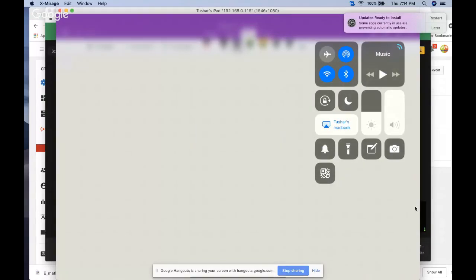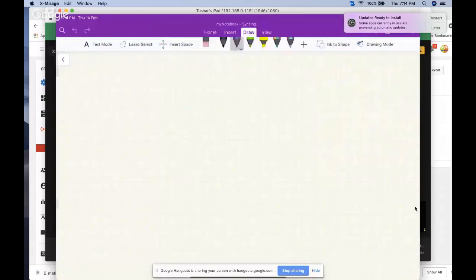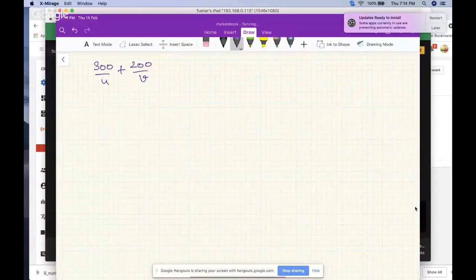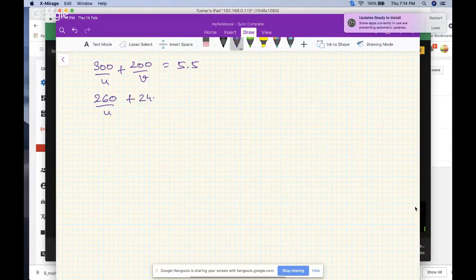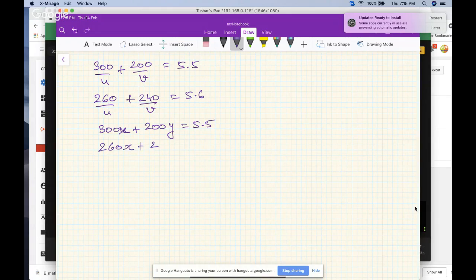So the equations are 300 upon u plus 200 upon v is equal to 5.5. And then we had 260 upon u plus 240 upon v is equal to 5.6. Okay, and then we transform these equations to 300x plus 200y equals 5.5. And the second equation was 260x plus 240y equals 5.6.